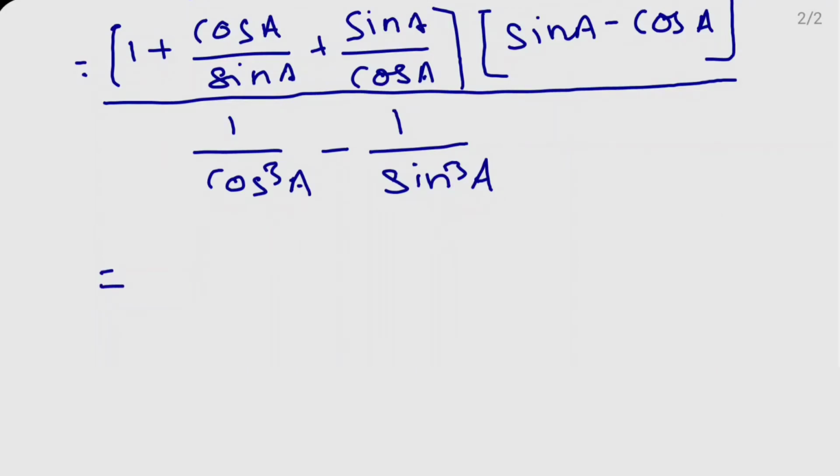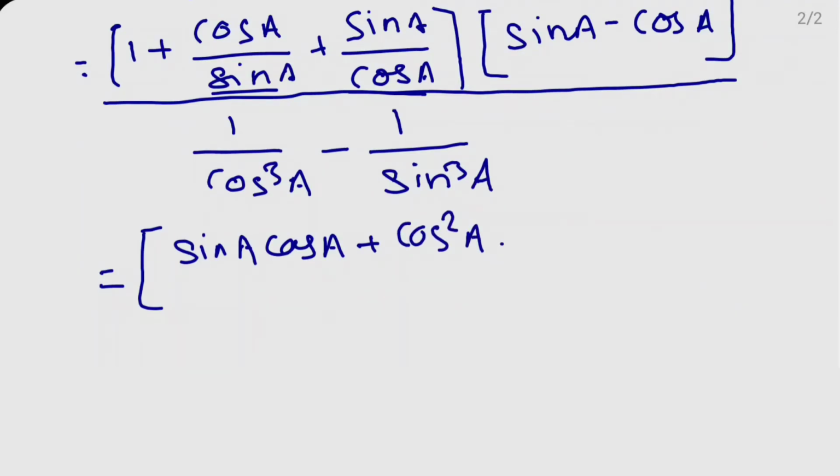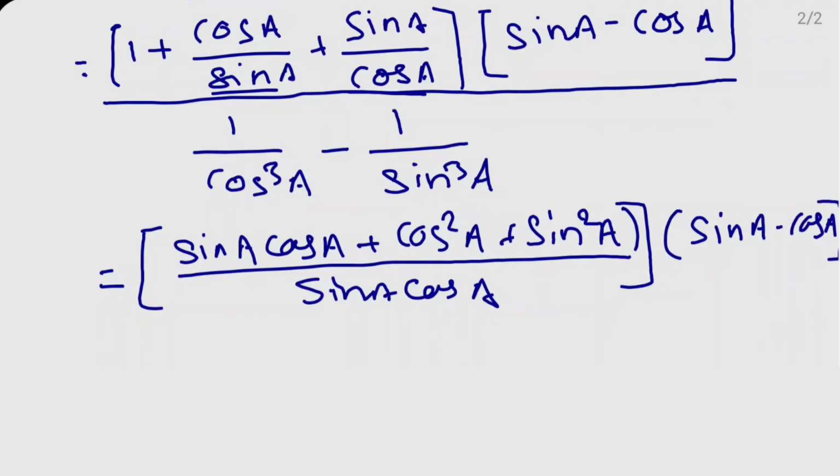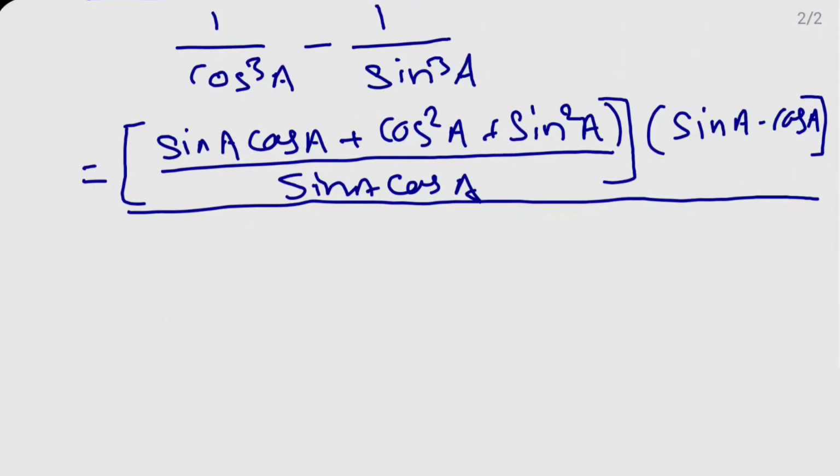And now here in the numerator take LCM. So here is sin A and here is cos A, so take LCM as sin A into cos A. So here we got sin A into cos A plus cos square A plus sin square A, and this divided by sin A into cos A, and here into sin A minus cos A as it is, and this divided by, so here make a cross multiplication.